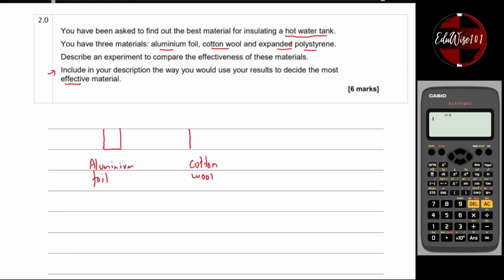Draw another beaker, and expanded polystyrene. Let's say I'm going to have 3 beakers that I'm going to use, and I'm going to have a thermometer in each.